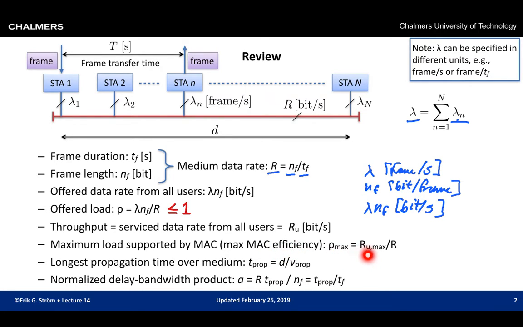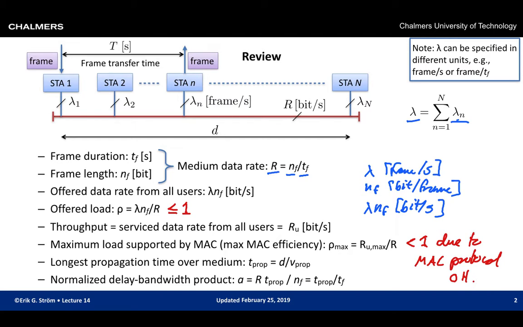It's the ratio between the best data rate we can push over the medium divided by the data rate's capacity. Okay, and this for sure is a number which is less than 1 due to MAC protocol overhead. Okay, we have to wait for access, we have to coordinate and so forth.